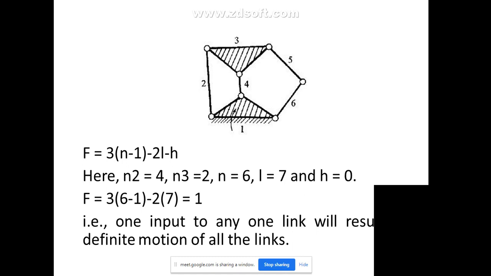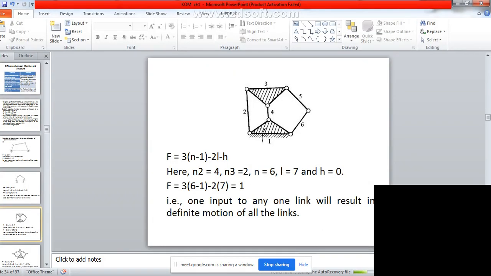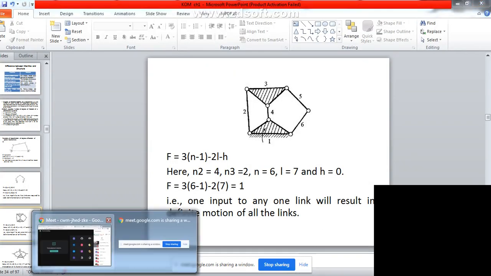But here we have taken a hatched one, which shows this is entirely one link. So be careful. That's why I showed you this hatched one.